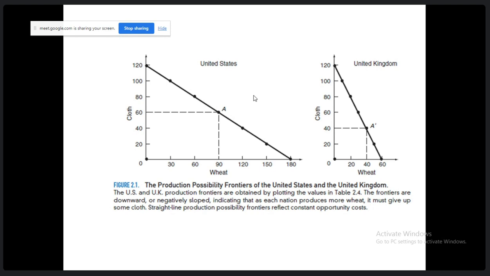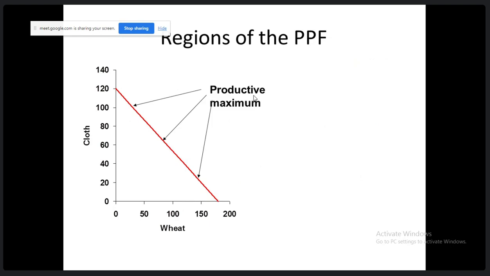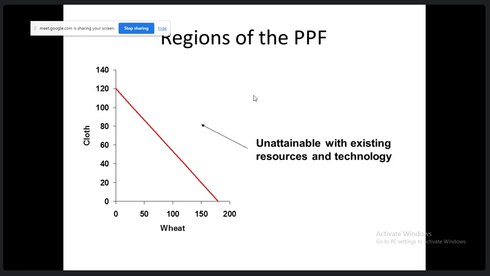But before getting there, let us go a little more deeply into what we mean by constant cost, why constant cost actually occurs within a nation, and how constant cost can be considered as a basis for trade.